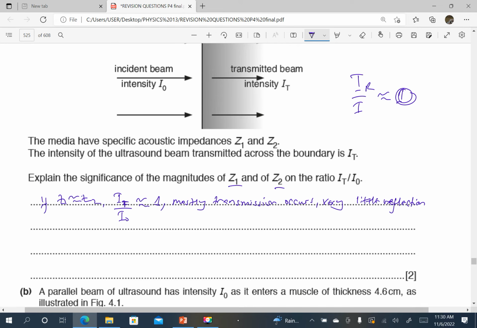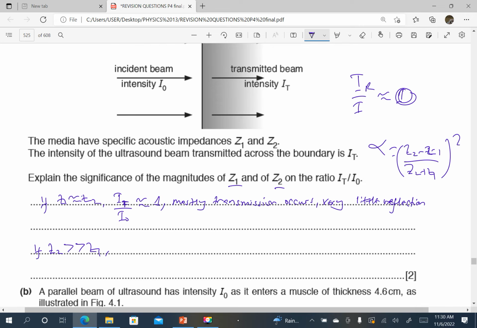And if Z2 is much greater than Z1, remember we are substituting into the formula alpha equals Z2 minus Z1 over Z2 plus Z1, all squared. If Z2 is many times bigger than Z1, when you subtract, you get almost Z2. When you add, you get almost Z2.